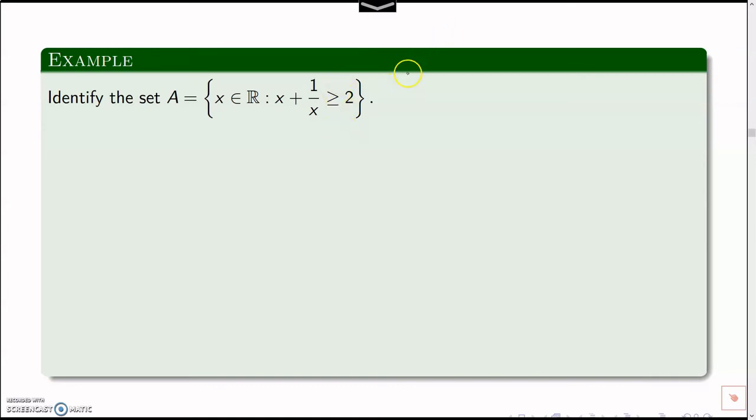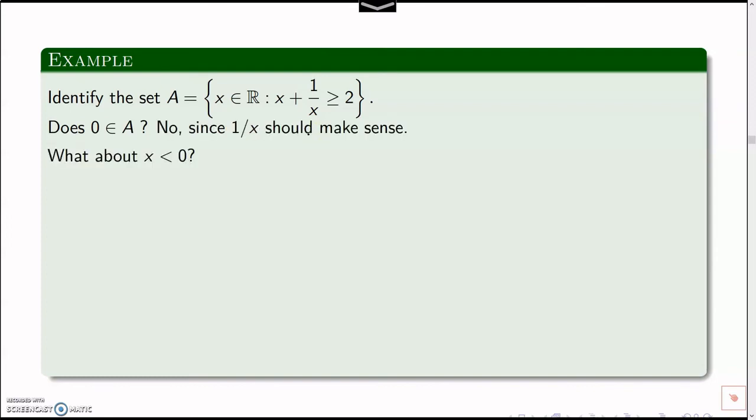The first thing we should ask ourselves is, can 0 come in this set? No, because I have the term 1 by x, and if I take x equal to 0, then 1 by x won't be defined. So definitely 0 is not there.